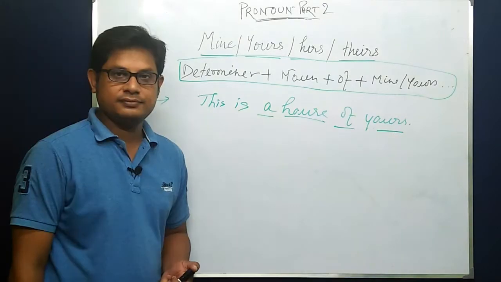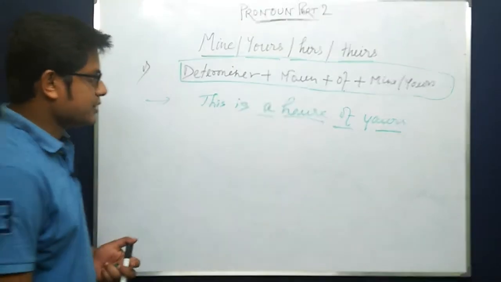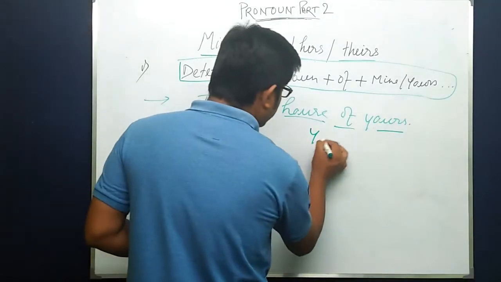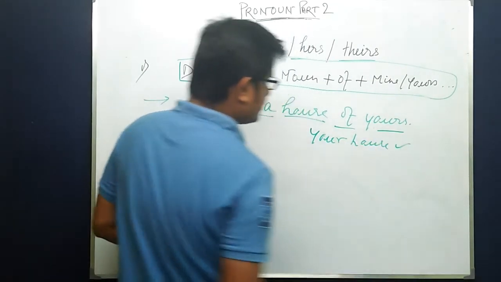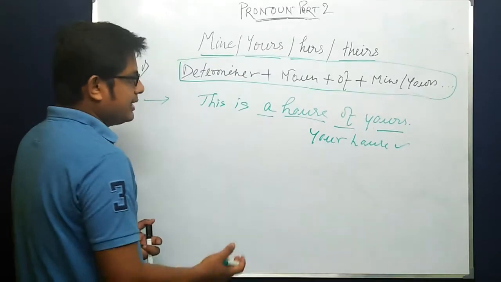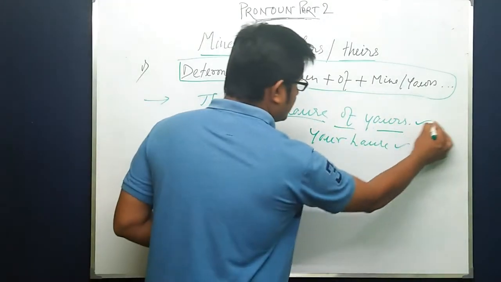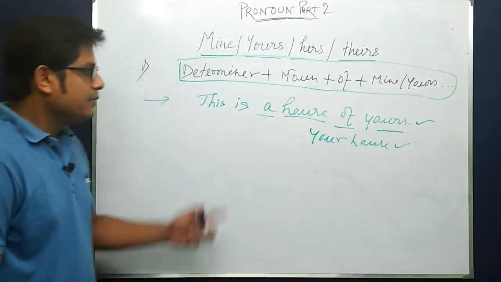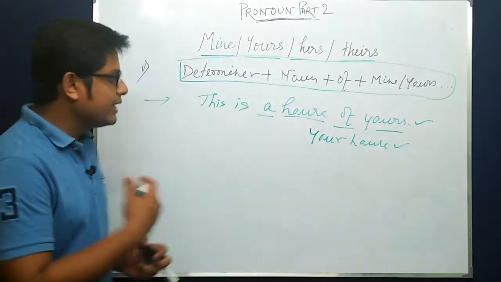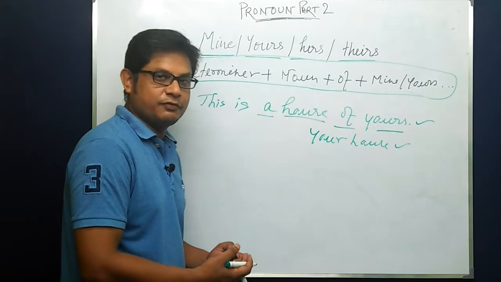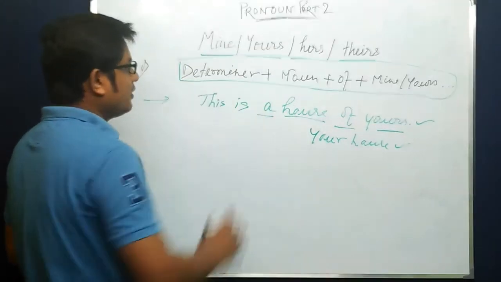Clear? So this is one way of using. That means when you write your house, that is also right, or you can write house of yours. This is another way of writing, but both sentences mean the same. The meaning is the same, but the use of words is completely different. So this is number one.